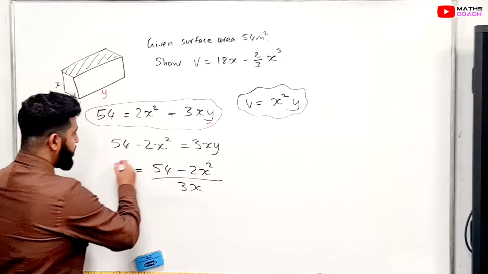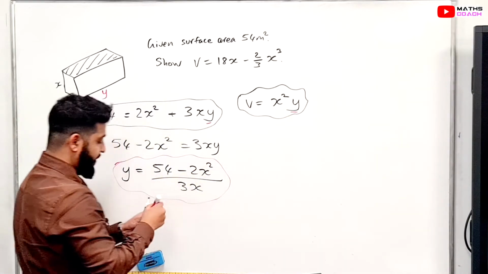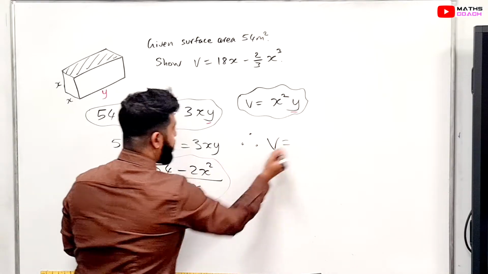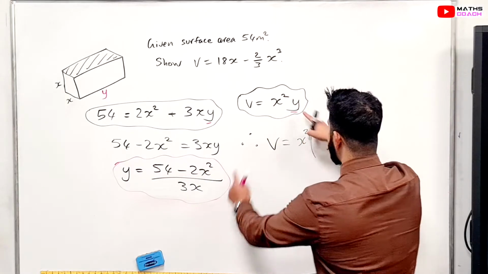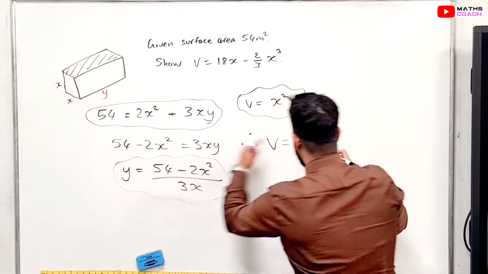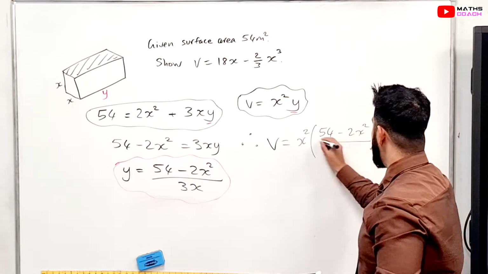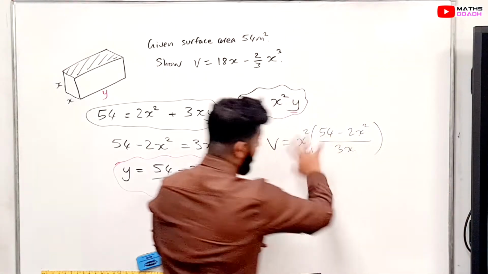What I will now do is substitute this value of y in here, giving me, therefore, V is equal to x squared, and in a bracket we'll put all of that because that's the value of y. So that will be 54 minus 2x squared all over 3x. Now, I will simplify this.